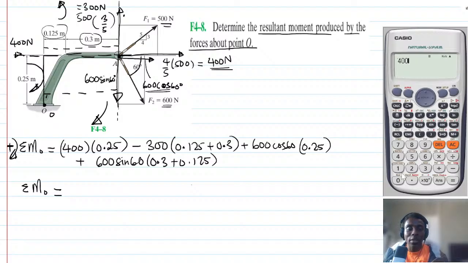So 400 multiplied by 0.25, that is 100, minus 300 into 0.125 plus 0.3, that is 127.5.